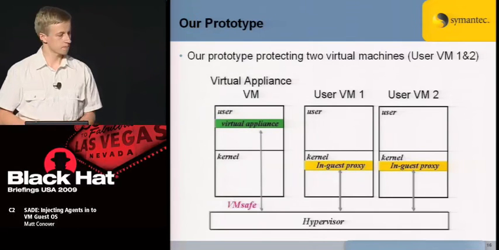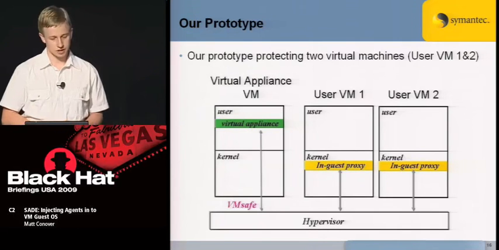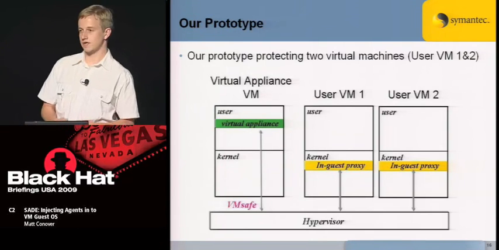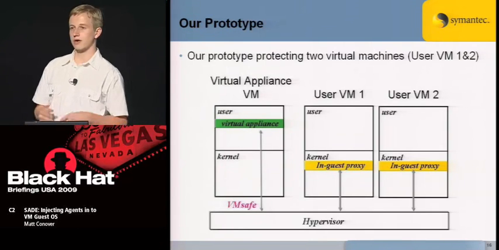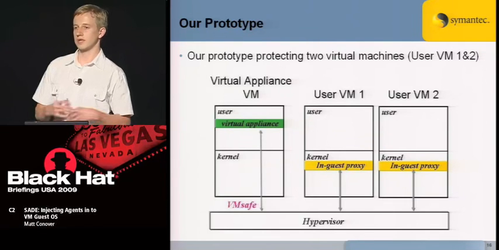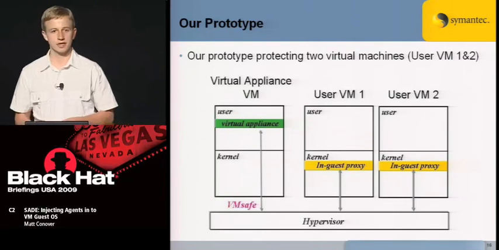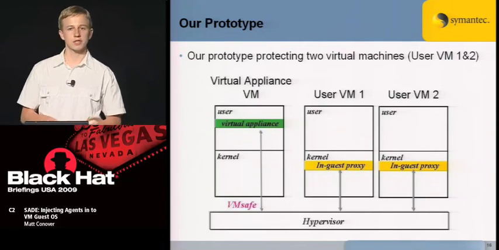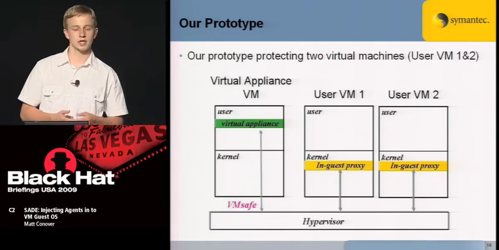So the prototype basically looks like this. This virtual appliance VM, or security VM, is where our software is running. It's just a user mode program. It doesn't need to do anything in the kernel or do anything fancy. This is just a standard Linux OS, and our program is a standard Linux program.